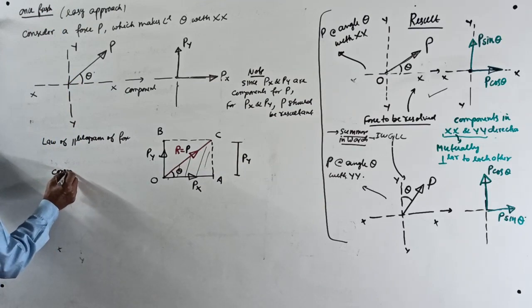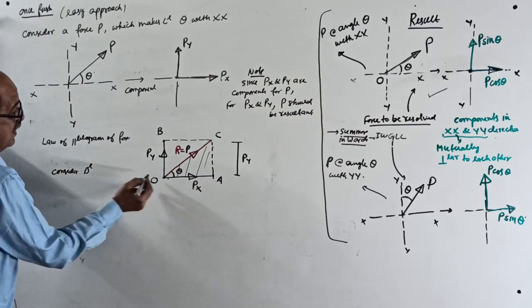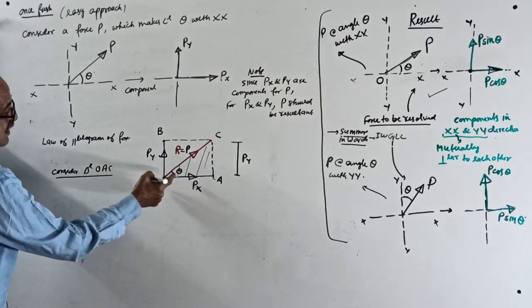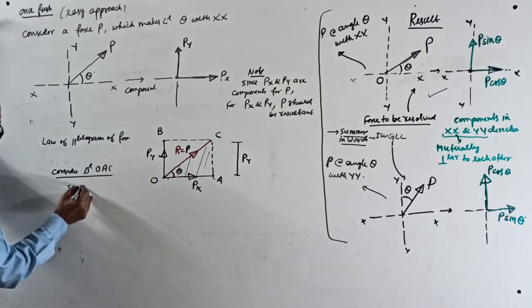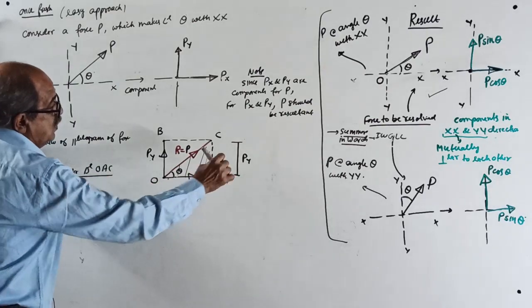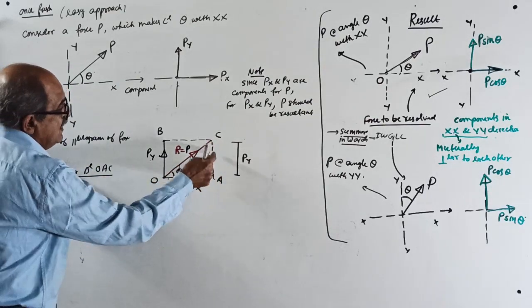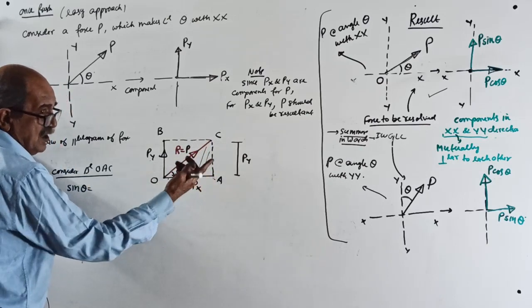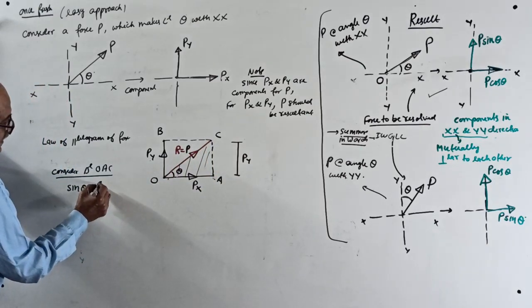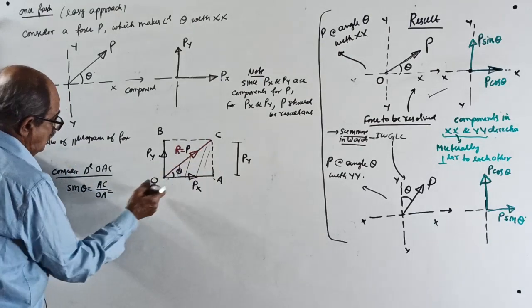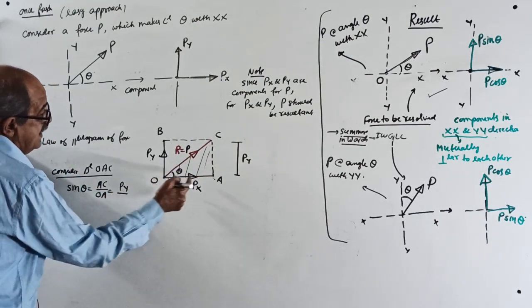Consider triangle OAC. See here. What is sin theta? Sin theta equal to AC divided by OA, if you want you can write it. But you know that AC equal to Py.